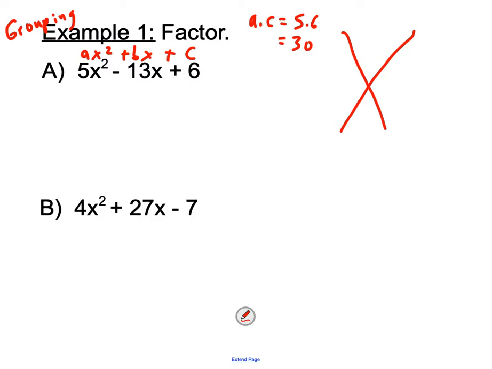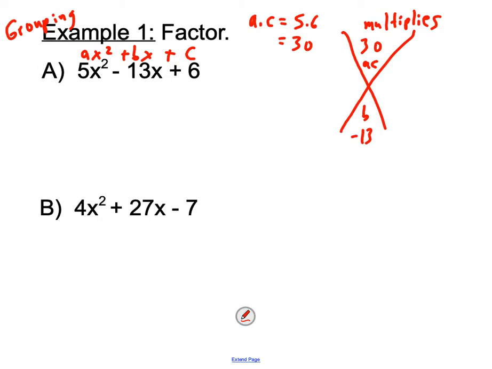So what multiplies to give us 30 and adds to give us our b term here, which is negative 13? So what multiplies to give us ac and adds to give us b.